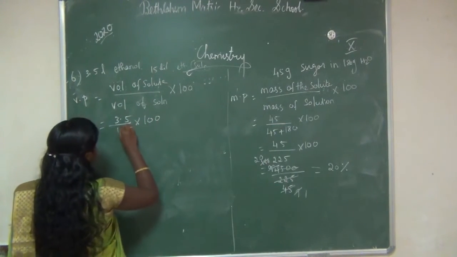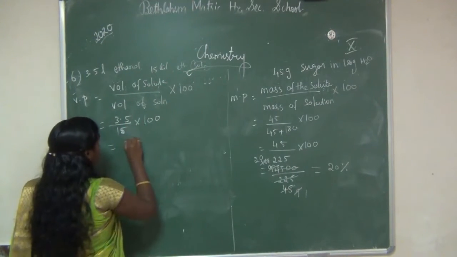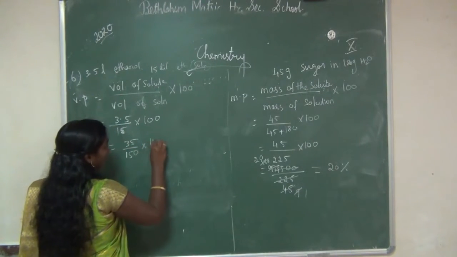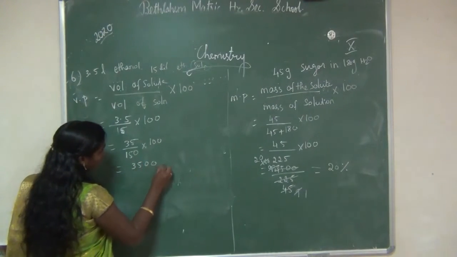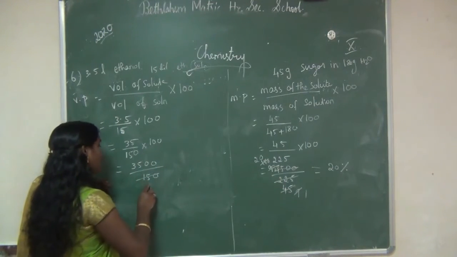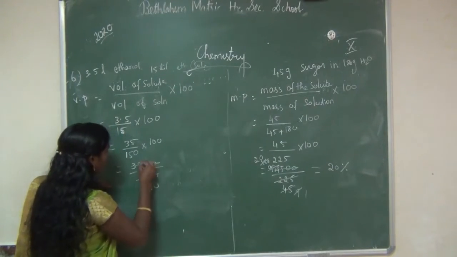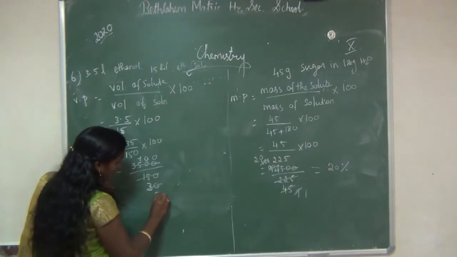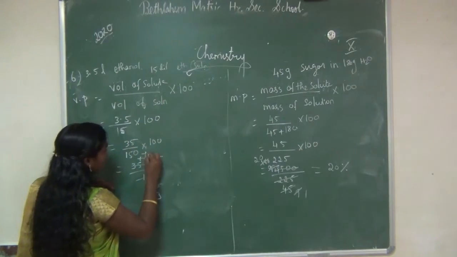First we can remove the decimal. For that we multiply with 10. So we get 35 divided by 150 into 100. We can use the table: 3 5s are 15, 7 5s are 35. So the 10th table: 3 10s are 30, 7 10s are 70.